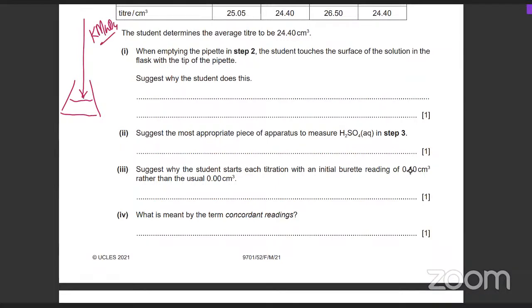He's saying that every time he's starting at 0.1 instead of 0 cm cube, or at least in the first titration, but in each titration. Why does he not fill the burette up till the 0 cm cube mark? If you're familiar with practicals, you fill it up till the 0 cm cube mark. Why do you not fill it up till the 0 cm cube mark in this case?